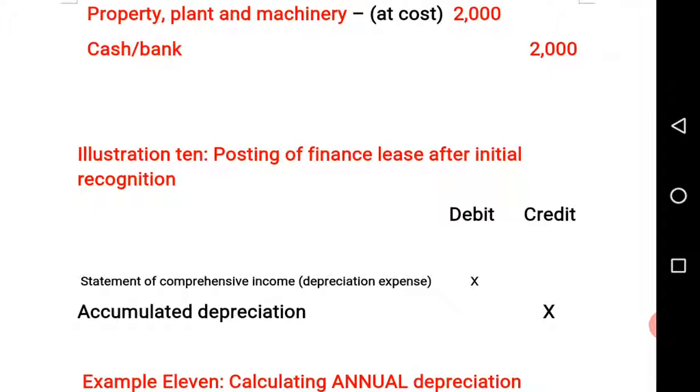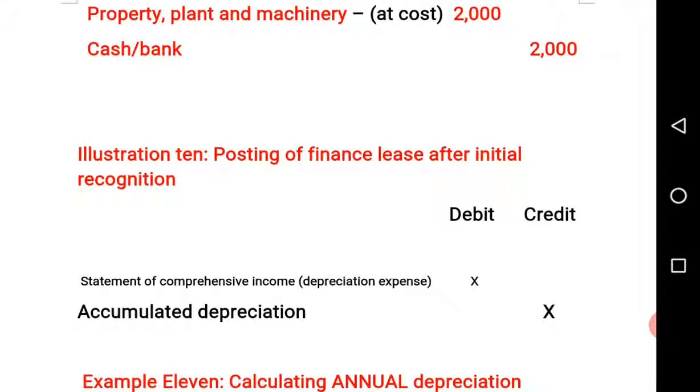Now this is basically the treatment for depreciation, because in our previous lesson we learned that finance lease is treated as though the asset itself is owned by the lessee who is using the asset. Now the asset itself is capitalized in the lessee's books and depreciated in his books, while this is not the same for an operating lease.